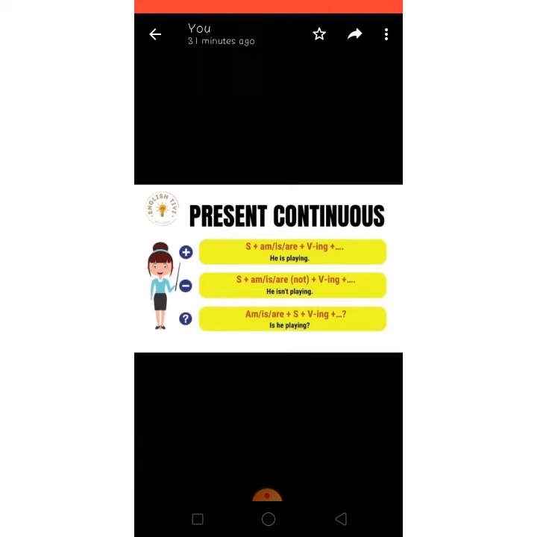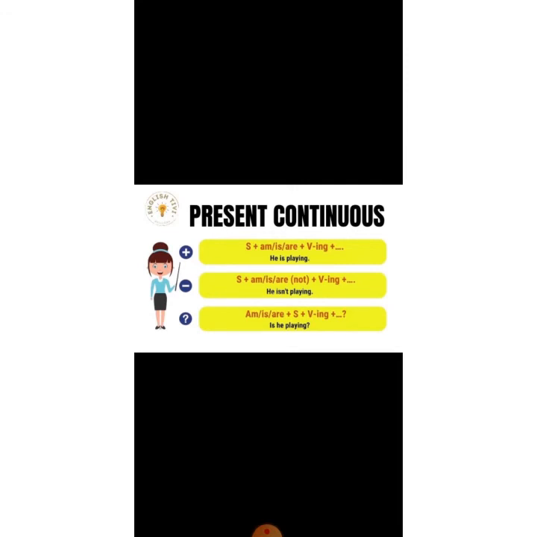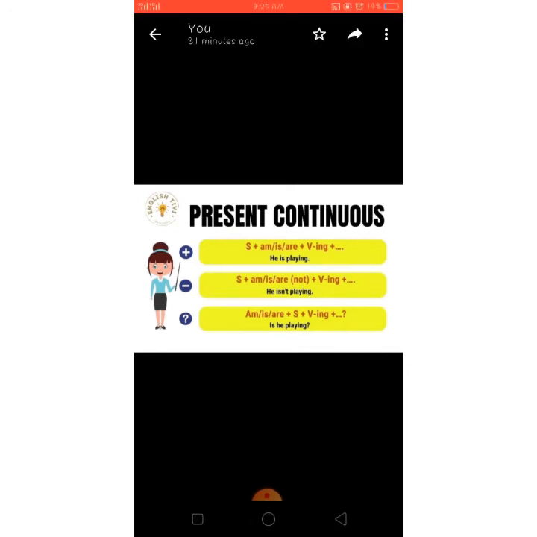But now we are using present. So was and were is only for past. So the one that we are going to use for present is only 3, which is am, is, or are. Okay, notice am is only for I, is for singular subject, and are for plural subject, plus verb ing.